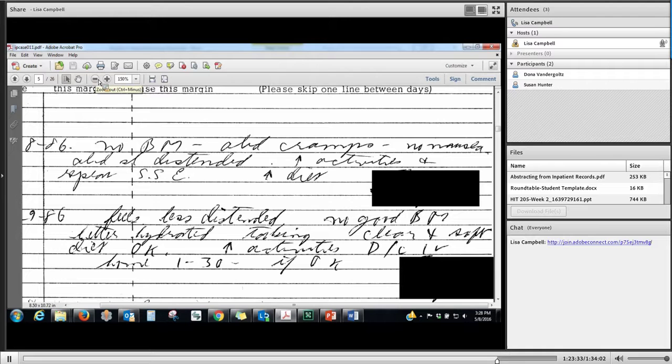12/8/86. No BM, no bowel movement. ABD, abdominal cramps. Oh, negative for abdominal cramps. Negative, no nausea. Abdomen looks like it's distended.